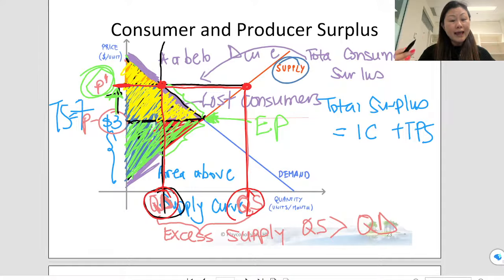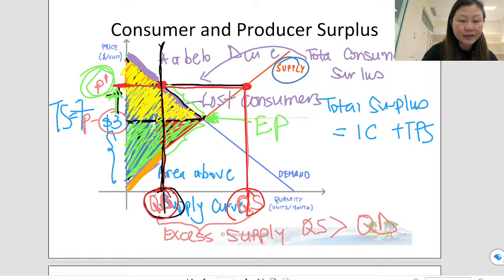The suppliers that are willing to produce are at the bottom. They're the ones here. So we are going to produce at this line, which I drew with a black pen before.